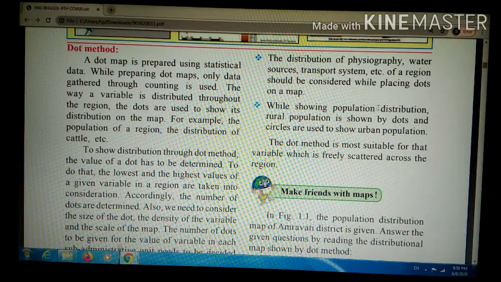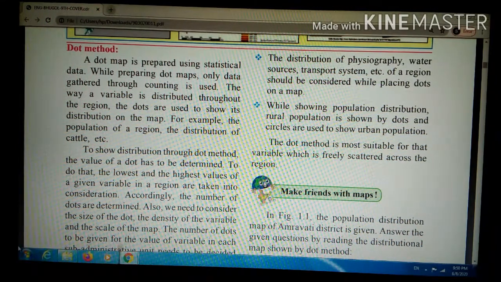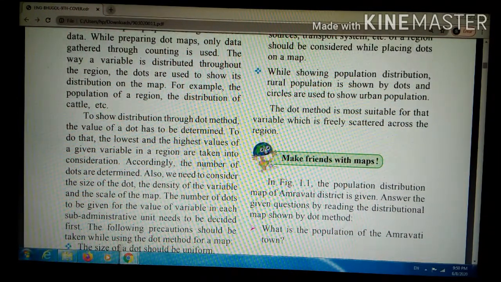While showing population distribution, rural population is shown by dots and circles are used to show urban population. The dot method is most suitable for a variable which is freely scattered across the regions.